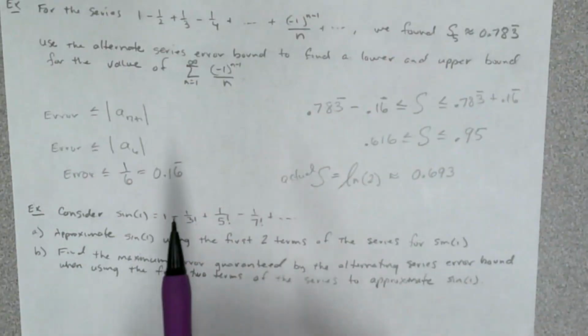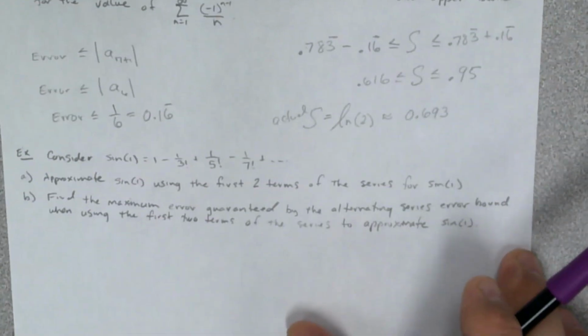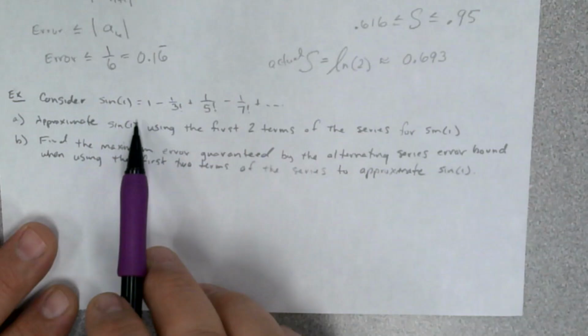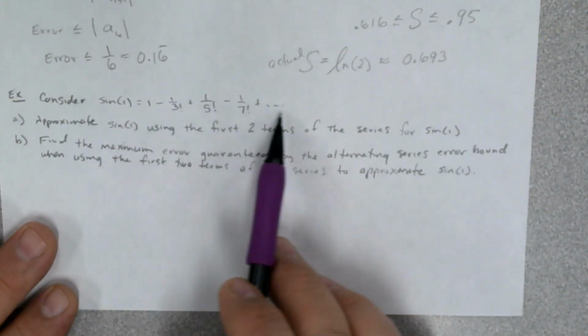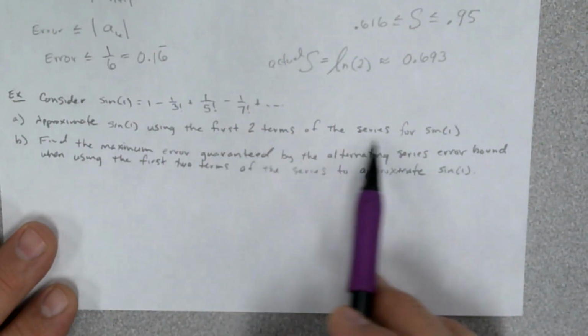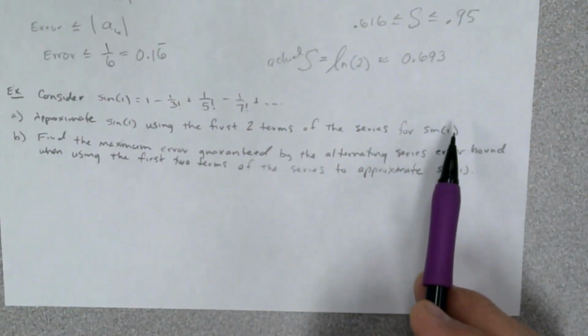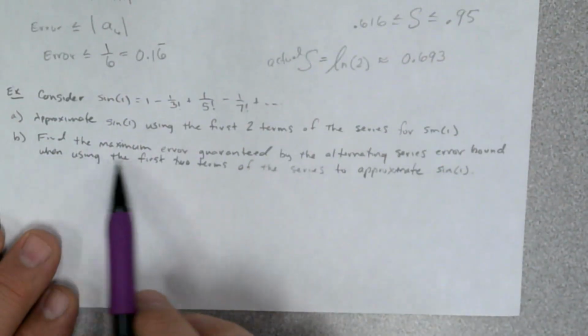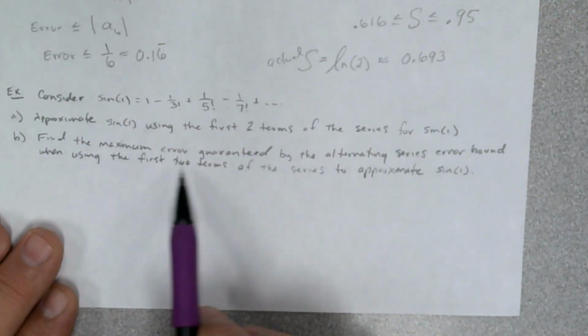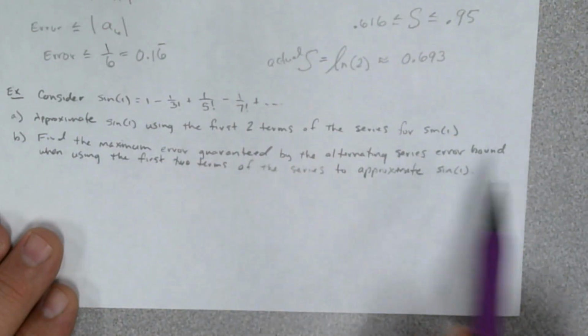Okay, so I have one more example for you. Consider this series right here, the sine of 1, which is this series. Approximate sine of 1 using the first two terms of the series. When we're done with that, we're going to find the maximum error guaranteed by the alternating series error bound when using the first two terms of the series to approximate the sine of 1.